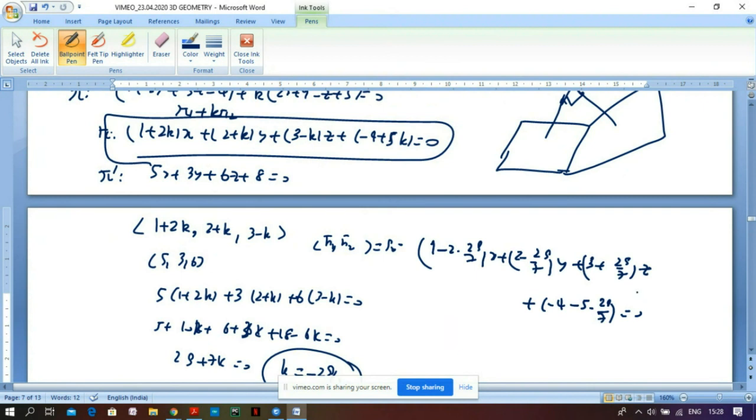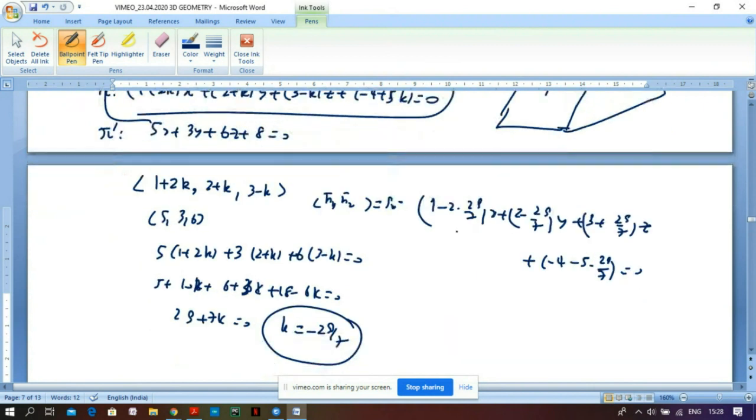So you will get minus 51 over 7 x, then minus 15 over 7 y, then 50 over 7 z, and so on.